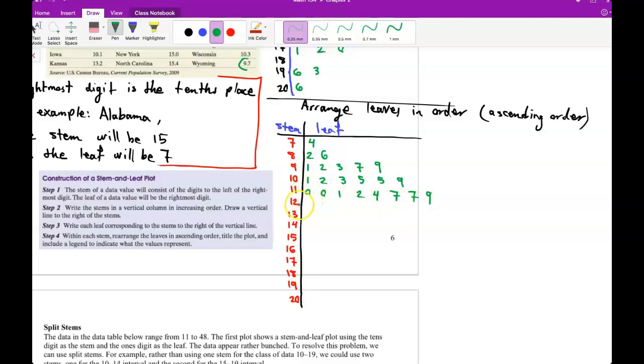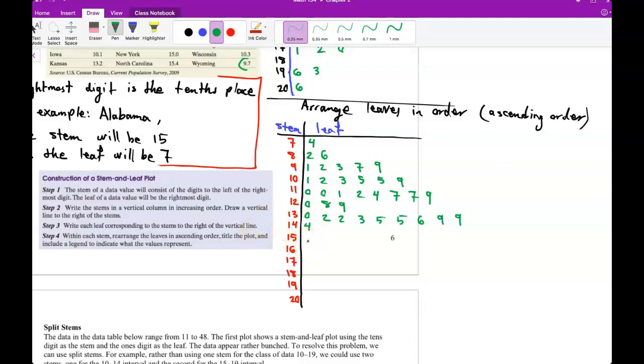12, 0, 8, 9. 0, 2, 2. 3, 5, 5. 6, 9, 9. Here is 4.